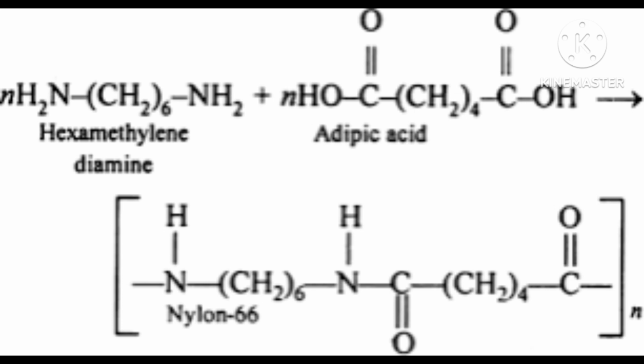This is called ethylene glycol, also called a dihydric alcohol. Glycerol is called a trihydric alcohol. Glycerol or glycerin, both are the same. That is a trihydric alcohol, with 3 carbons. Here there are 2 carbons.